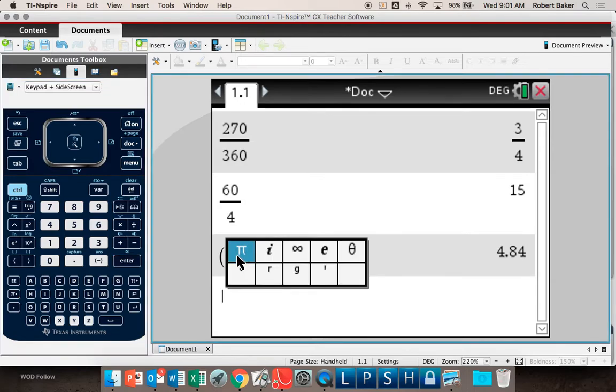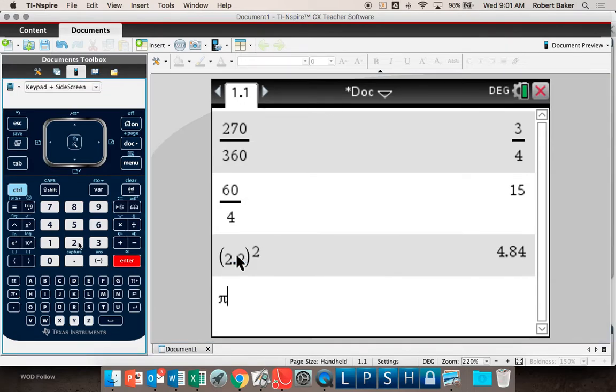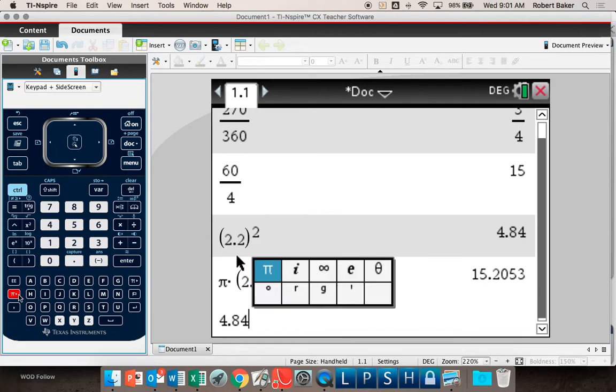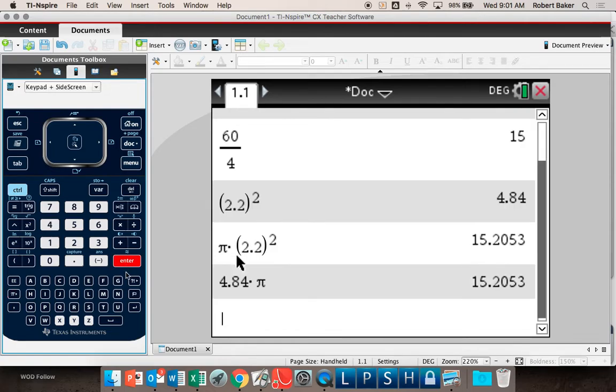You're not going to see that 15.2 decimal on your test. It'll say 4.84 pi. Those are the same answer, but it'll have pi in your multiple choice answer selection.